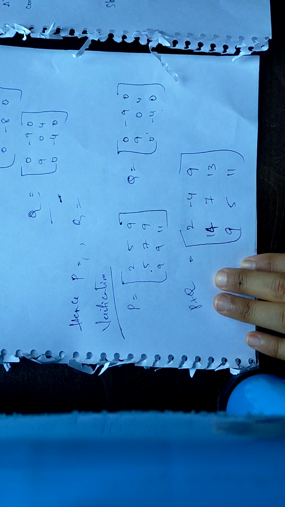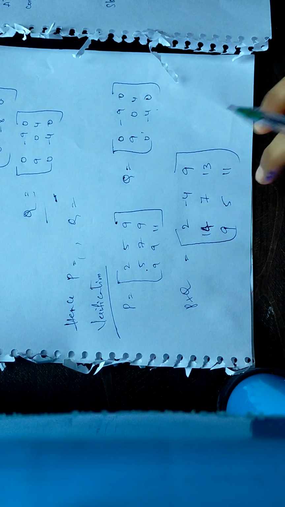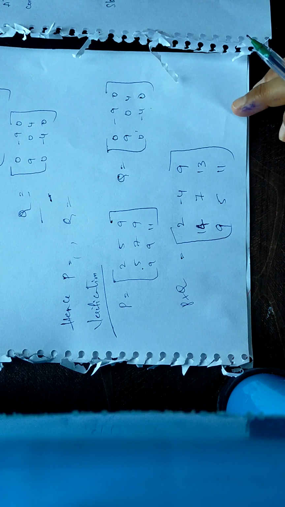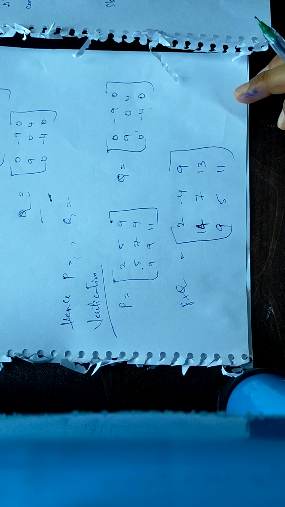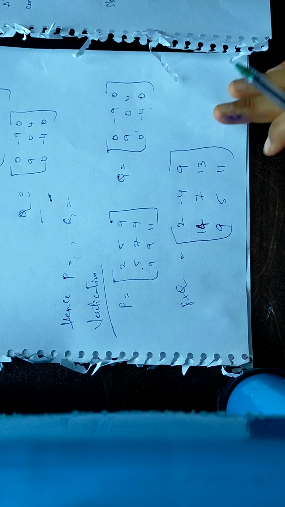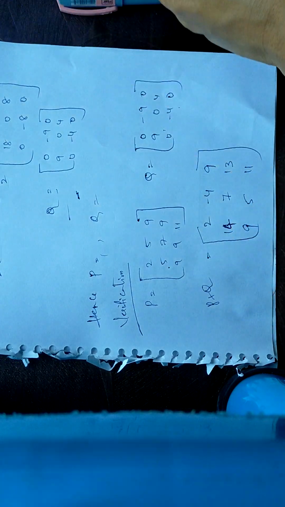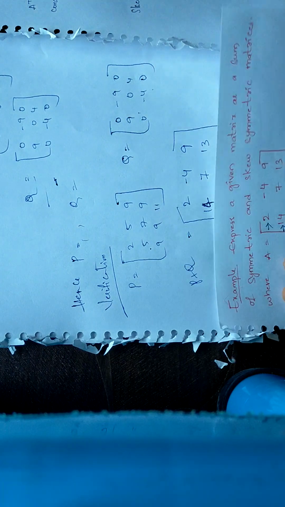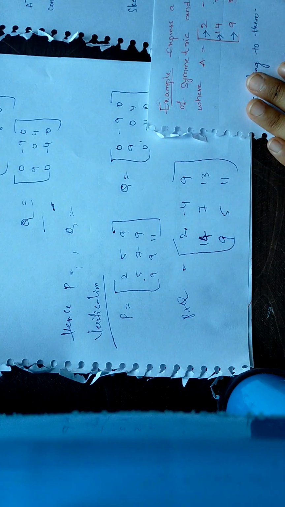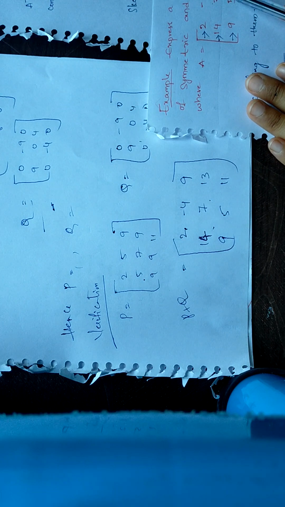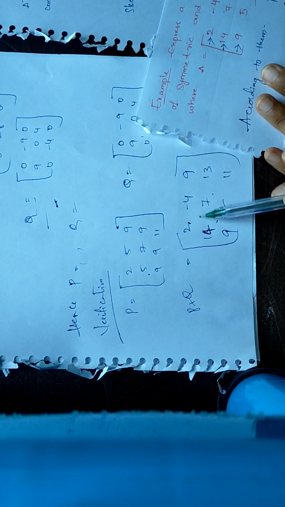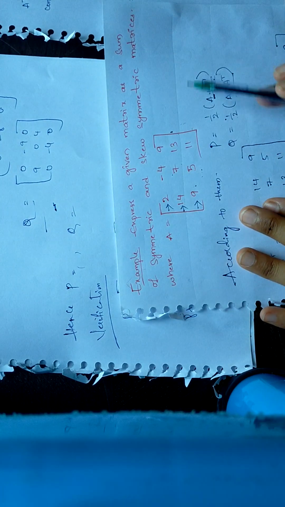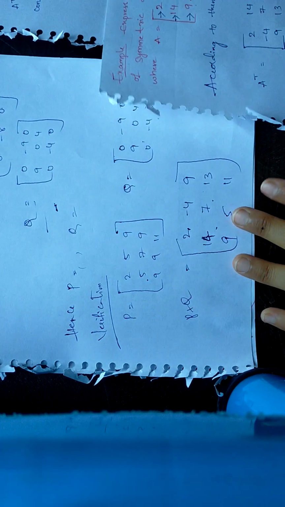Every matrix can be expressed as a sum of two matrices, and then we expressed it. So if the two matrices are symmetric and skew symmetric, their sum should be the same as the question. So let's quickly check whether we got the answer correctly or not. If you see, I will keep them side by side: 2, minus 4, 9, 14, 7, 13, 9, 5, 11, the same in both.